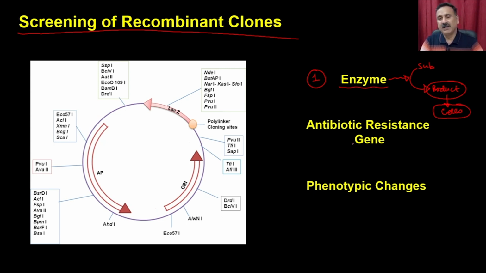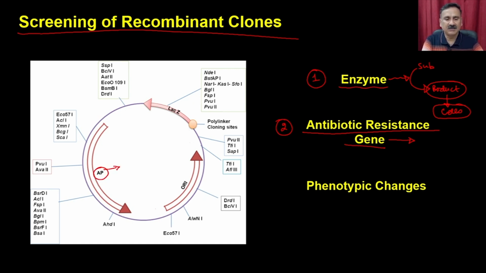The second and the most popular method is that you can work with the antibiotic resistance genes, and this antibiotic resistance gene is going to provide survival to the host cell which got the DNA. For example, in this particular vector, what you see is it has the ampicillin resistance gene.